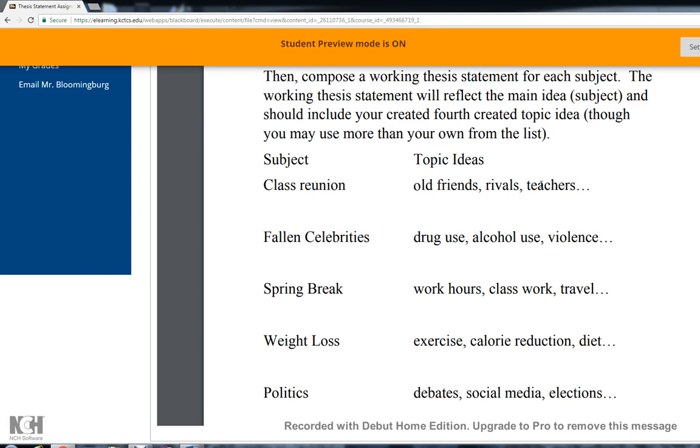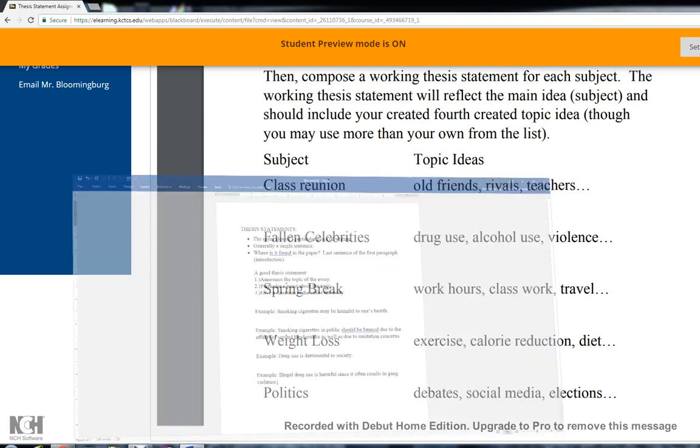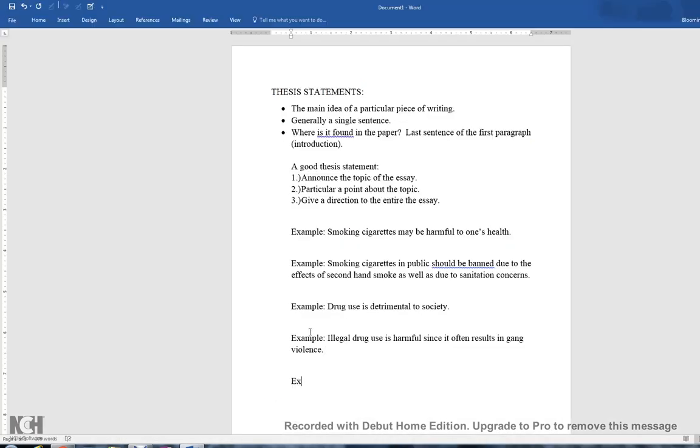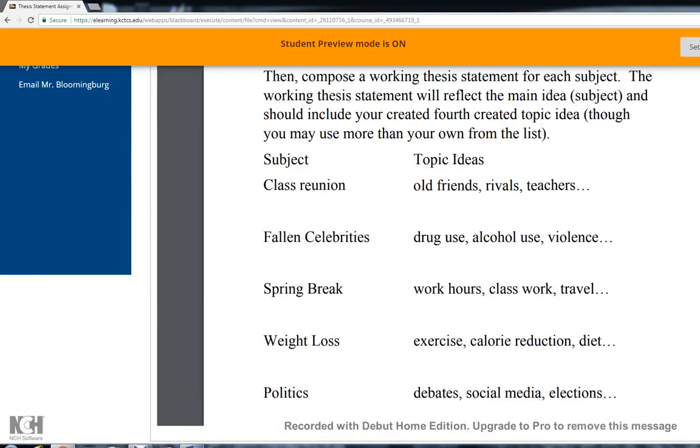And so you're creating that 4th topic idea, putting it with the subject to create a thesis. Now you can use one of these along with your created topic idea, so let's give it a try. Let's go back and we'll work with that. Let's say class reunions are often exciting because one may mingle with, and what were the topic ideas again?